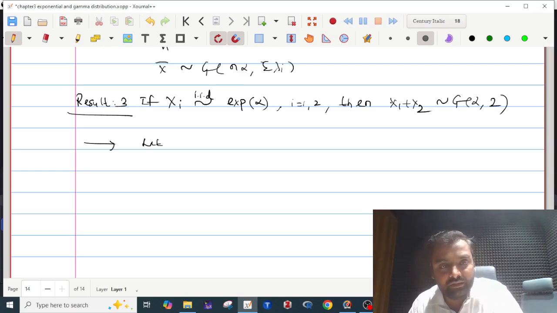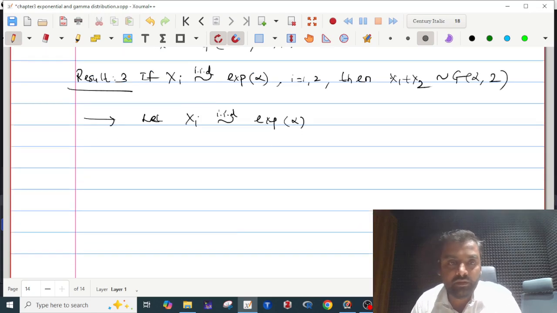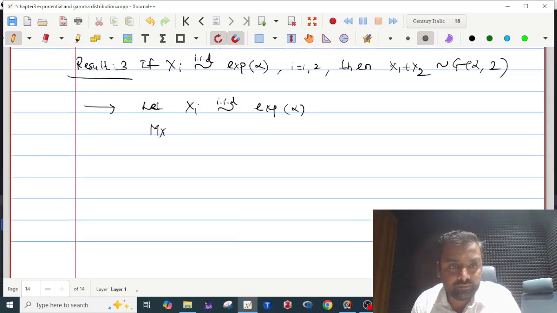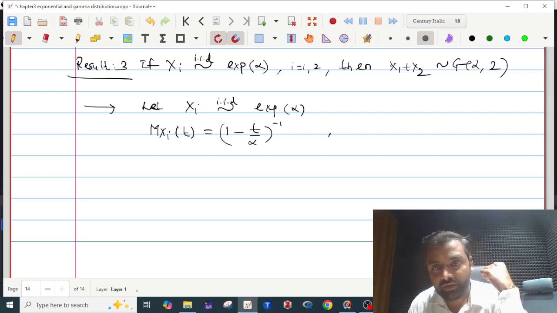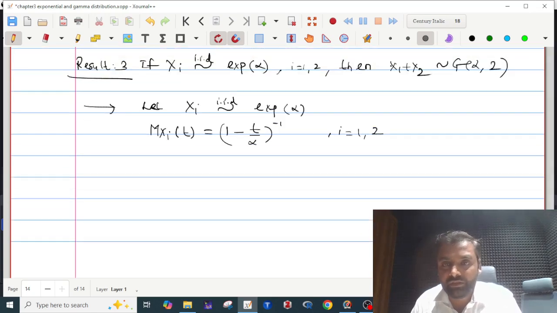Proof is very simple. We will prove this by the MGF approach. Its MGF is (1 minus t upon alpha) to the power minus 1 for i equals 1, 2. We have to find the distribution of X1 plus X2.